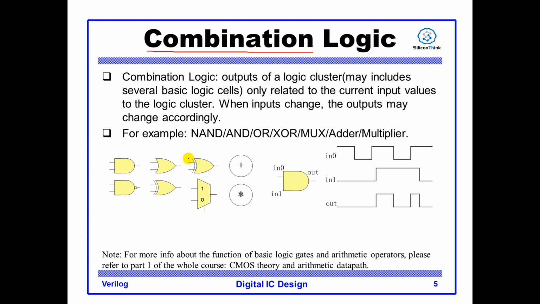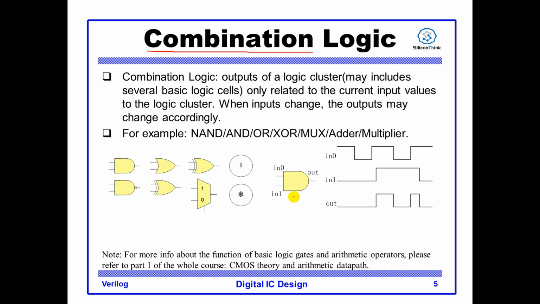For example, the logic gates we learned in the last parts, such as NAND, OR, exclusive OR, mux, AND, and multiplier, are all combination logic cells. Using these cells you can get a combination logic cluster, or we can call it a combination logic.